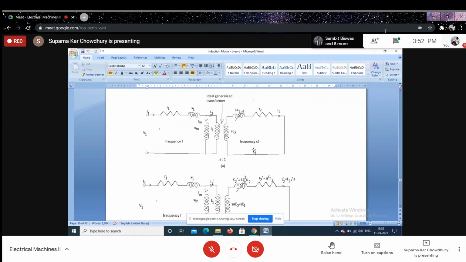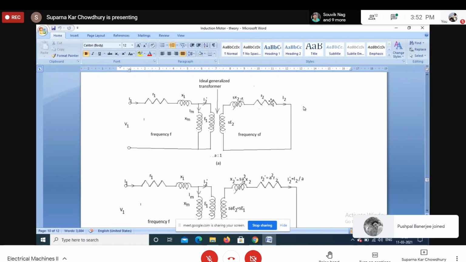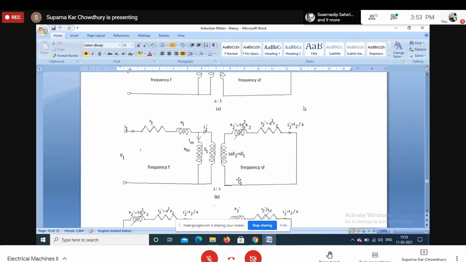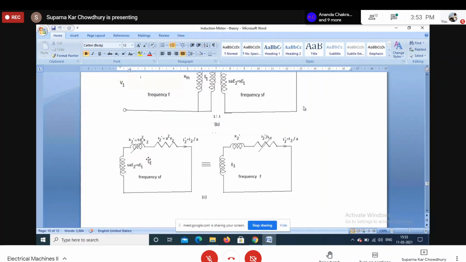So the rotor quantities are at rotor frequency, that is SF. Now first what we do, we convert the turns ratio from A:1 to 1:1. So this impedance is multiplied by A square, current is divided by A, and the voltage is multiplied by A. Now this circuit is this one.